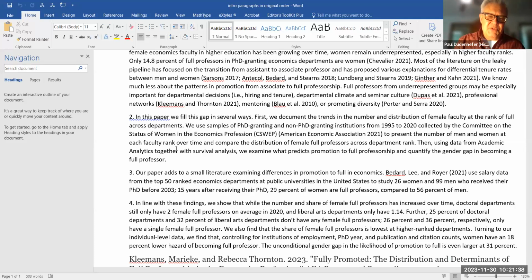So look at paragraph 2. We fill. Short subject followed immediately by a verb. We document. Short subject followed immediately by a verb. We examine. Short subject followed immediately by a verb. Okay? So I want you to notice that.